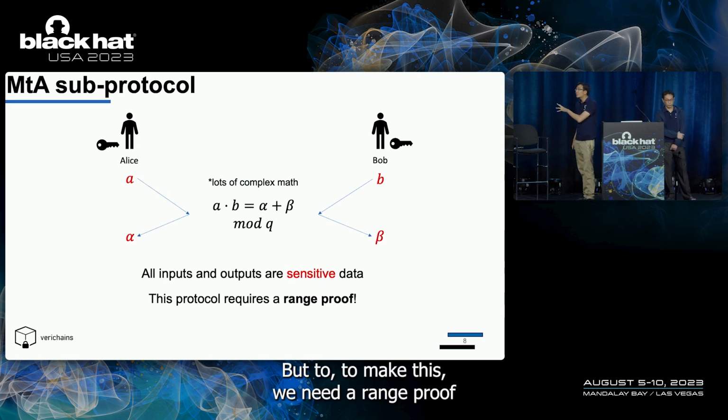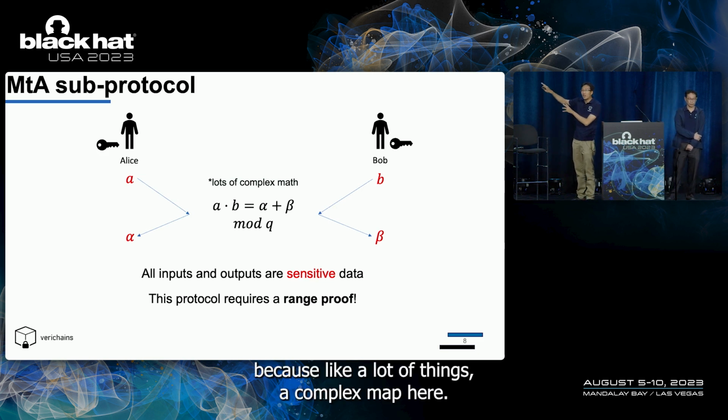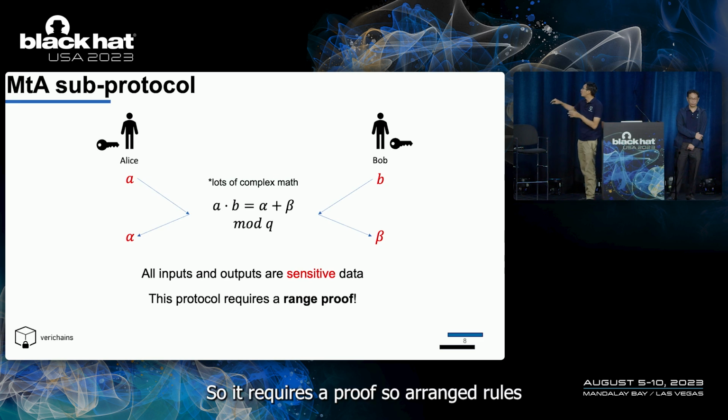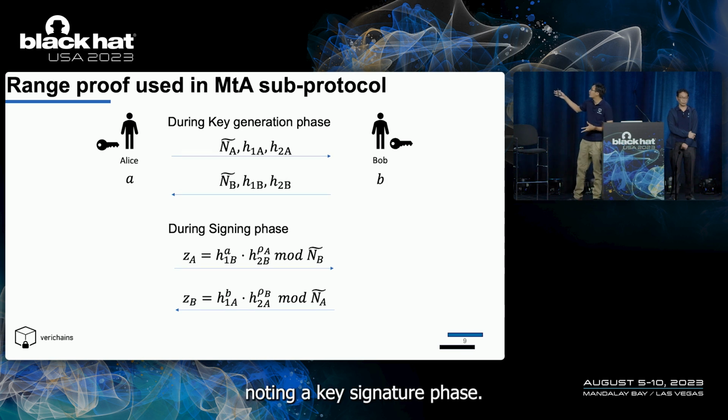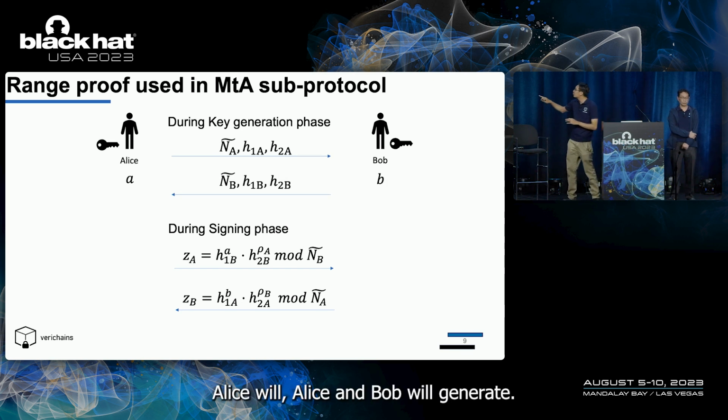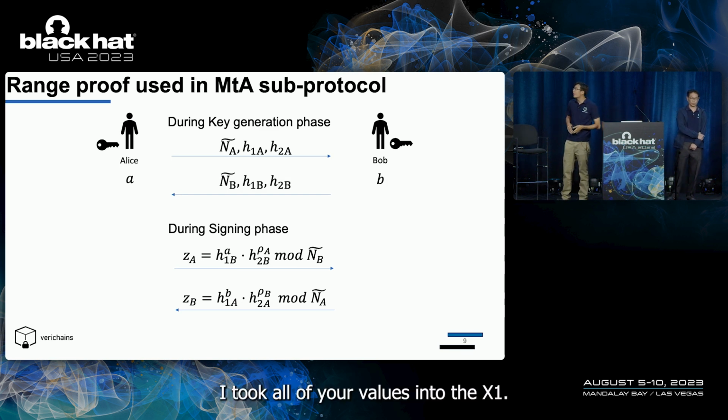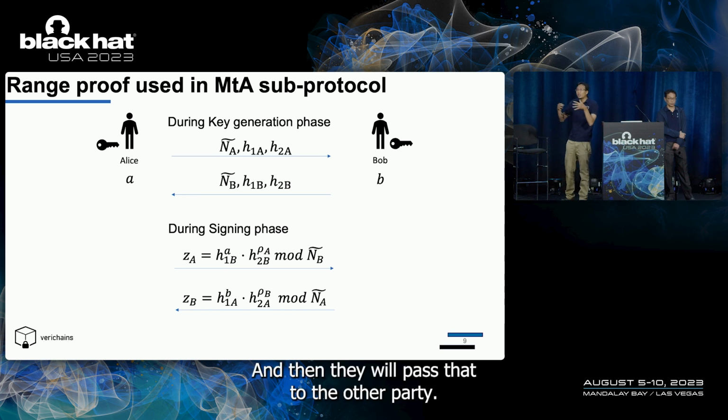But to make this work, we need a range proof, because there is a lot of complex math here. During the key generation phase, Alice and Bob will generate a tuple of three values, N tilde, H1, H2, and then broadcast that to the other party.